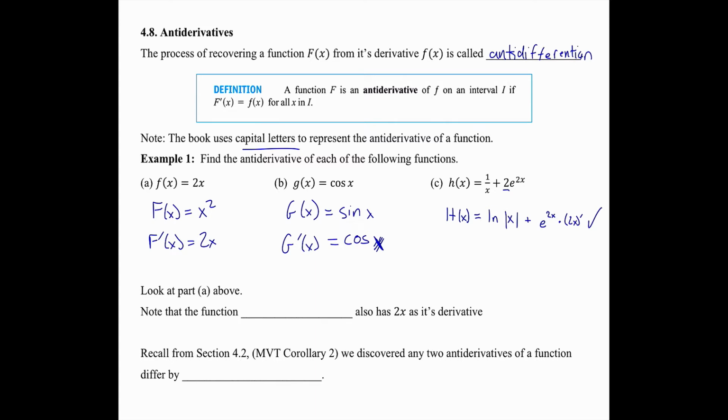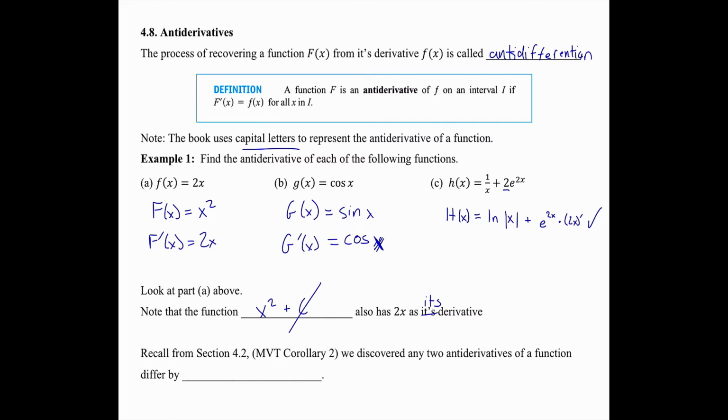But what we did neglect here is to realize or to even note that the function, for example, x squared plus some constant also has 2x as its derivative because the derivative of the constant c is just equal to 0. And a little typo here, it should just be without the apostrophe.